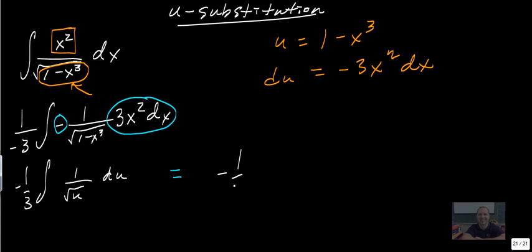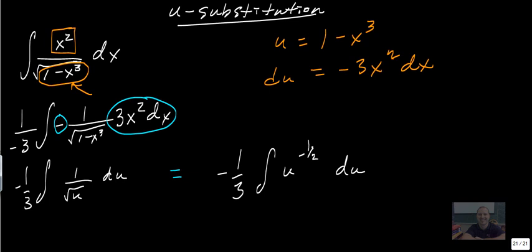What if we went negative 1/3 times the integral of, what is this written a different way? u to the negative 1/2, yes. I would concur. Now, can we take the antiderivative of this? Yes, just a variable to a power.